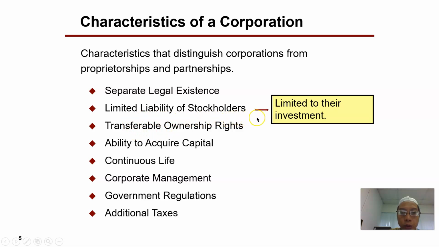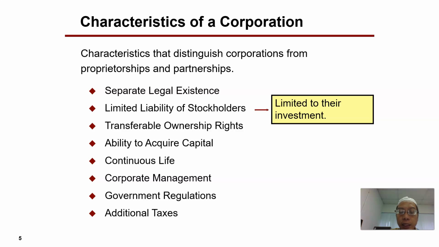What is meant by limited liability of shareholders is that whenever the company is liquidated and there are debts that the company needs to pay off, the private property of the shareholders will not be disturbed. The private property of the shareholders will not be taken, will not be liquidated in order to pay for the debt of the company.